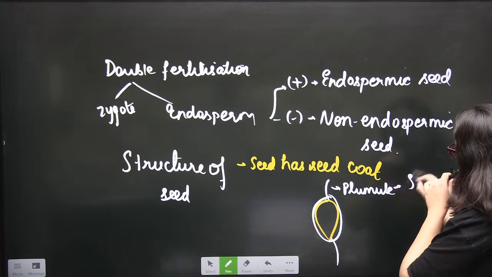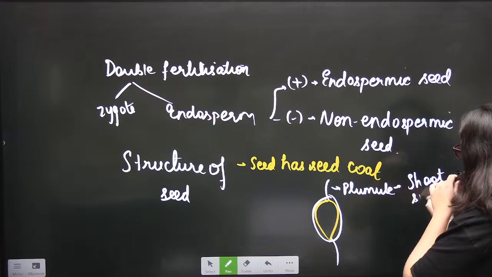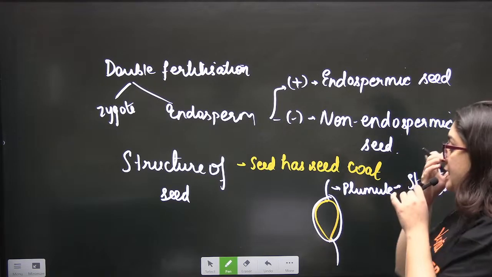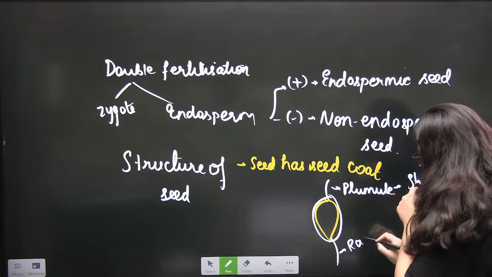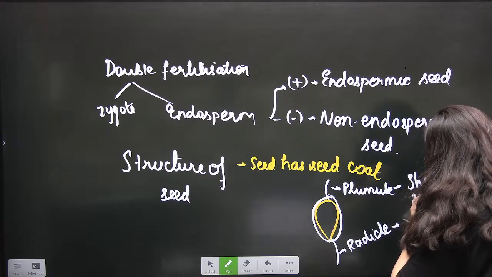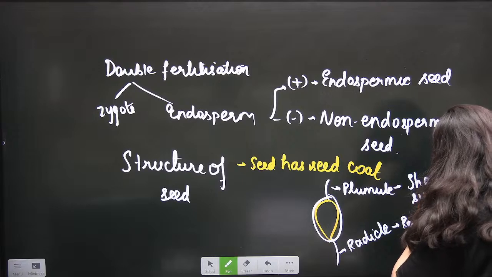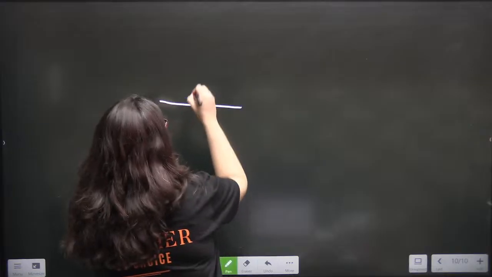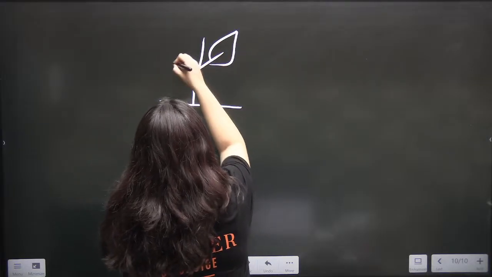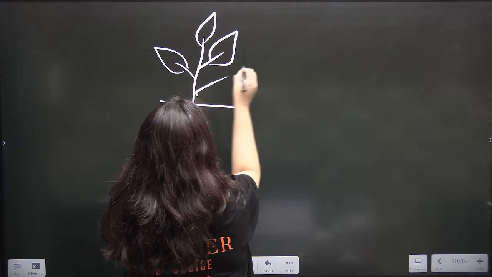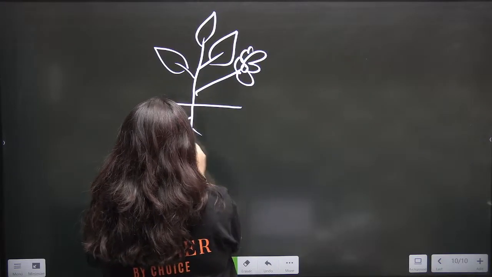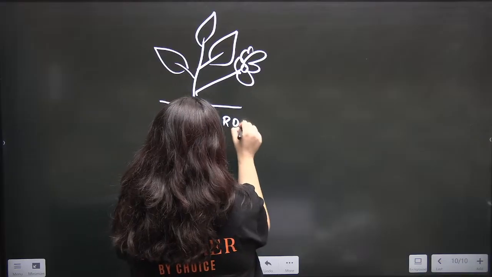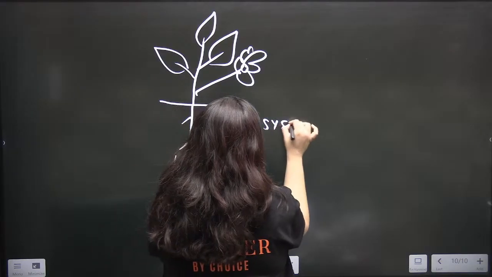This plumule will give rise to the complete shoot system, the structures of the plant above the ground: stem, branches, leaf, fruit, flower. And this is the radicle, which gives rise to the root system, the complete well differentiated root system below the ground.